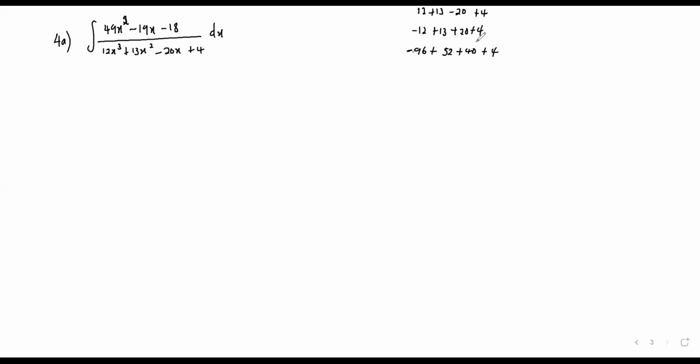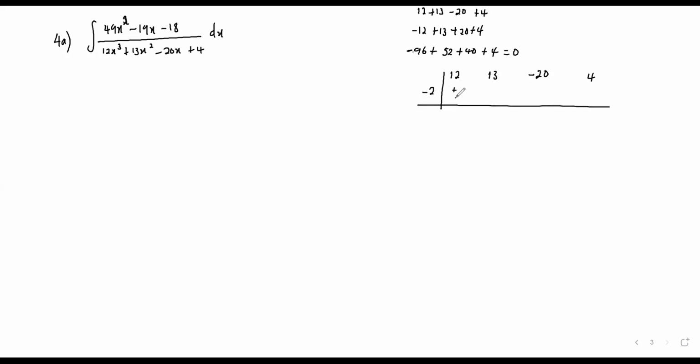So this 0, we've used what? We've used negative 2 to get the 0. So we go with -2 via synthetic. I pick the coefficients of the denominator: 12, 13, -20, 4.